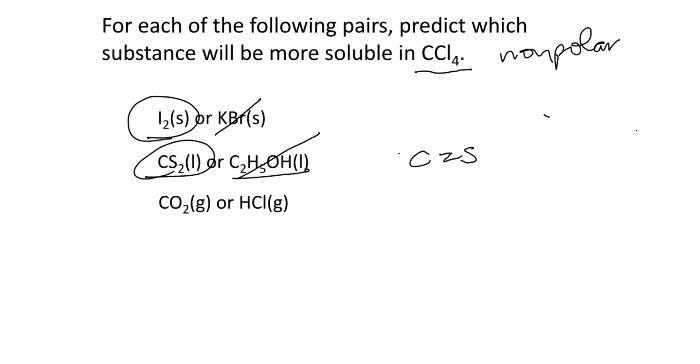If you need to, draw Lewis structures such that you can see the nonpolar properties of carbon disulfide. What about carbon dioxide or HCl? HCl, we know, is polar, so it's not going to be HCl. It is going to be, in fact, carbon dioxide.